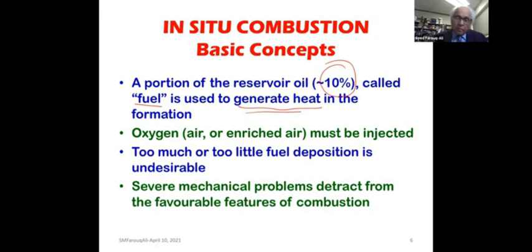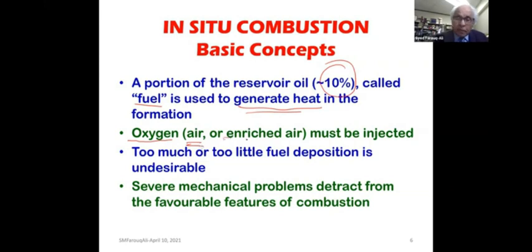Now, if you want to oxidize something in any place in the reservoir, you have to inject oxygen, or in other words, maybe air. Well, we have injected air, we have injected oxygen, we have injected other gases, mixtures of oxygen and air, we've done all kinds of different things.